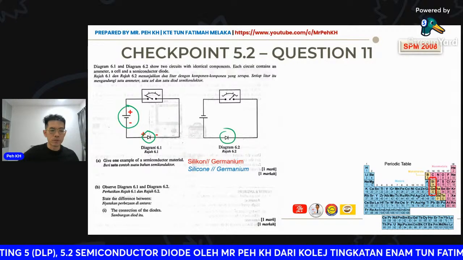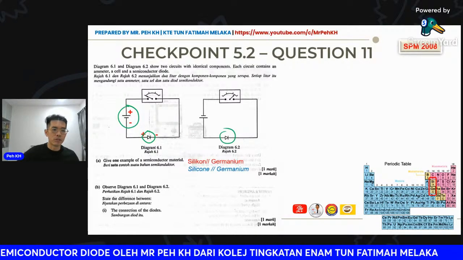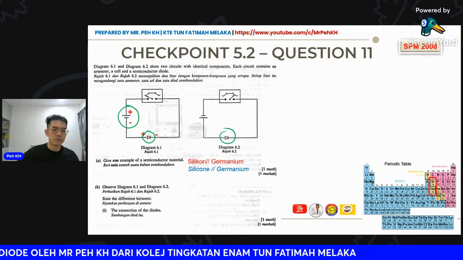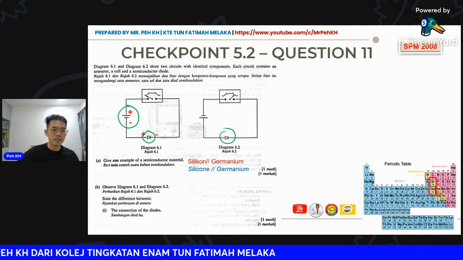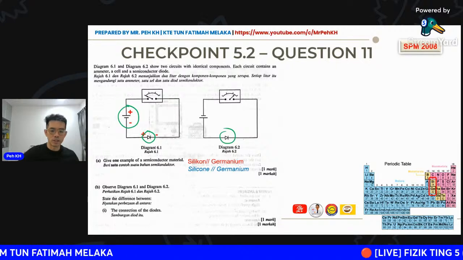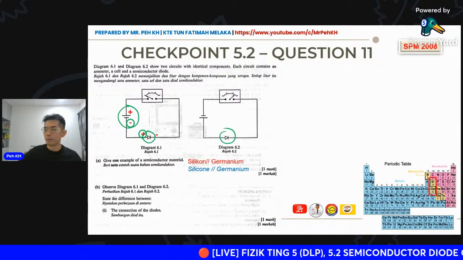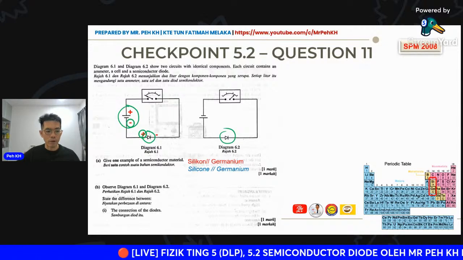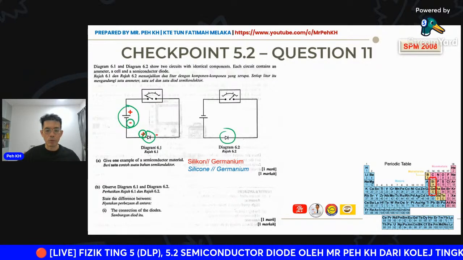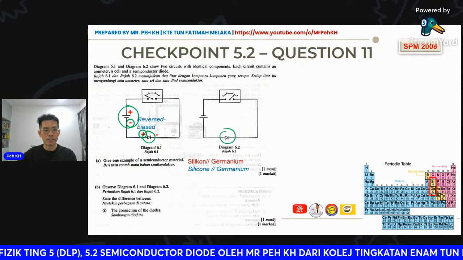Then the diode positive will be behind the triangle. When there is a line in front, that is the negative terminal. You can see the connection: the positive terminal is connected to the negative terminal. So we are very clear that diagram 6.1 is reverse bias.